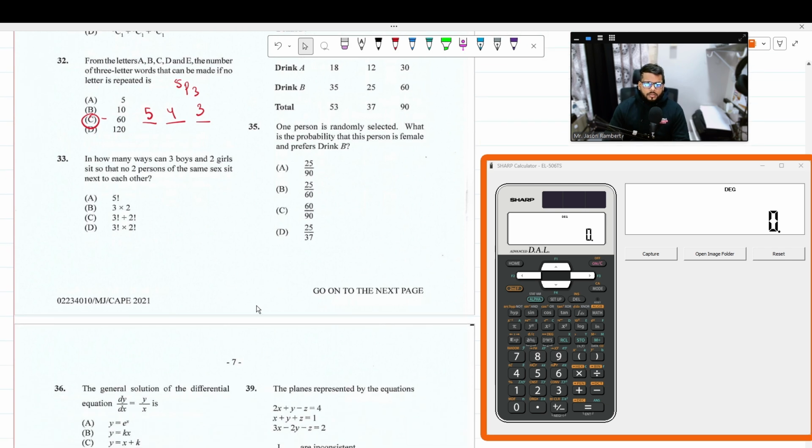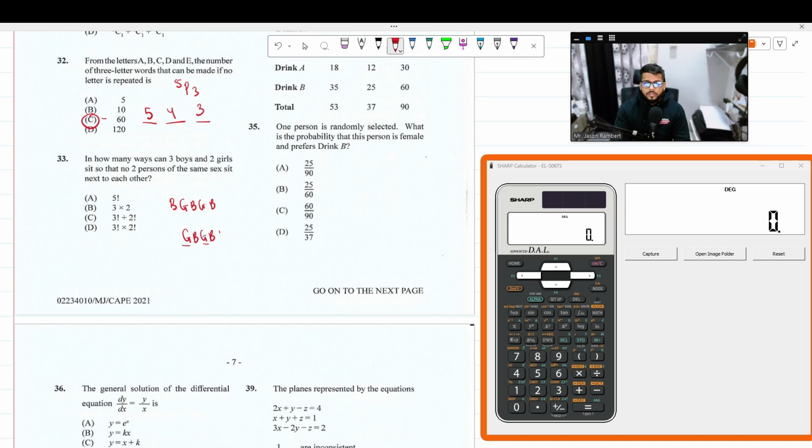How many ways can 3 boys and 2 girls sit so that no 2 persons of the same sex sit next to each other? So we start with our boy. Boy, girl, boy, girl, boy. 3 boys and 2 girls, sorry. If we start with a girl, we end up with girl, boy, girl, boy.